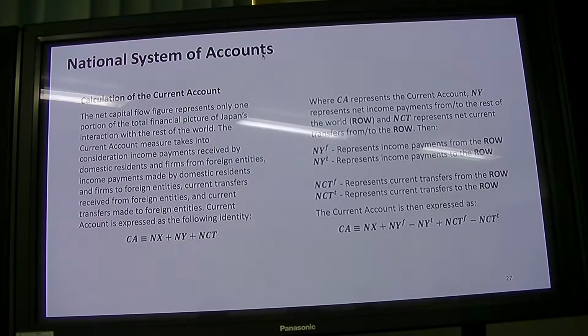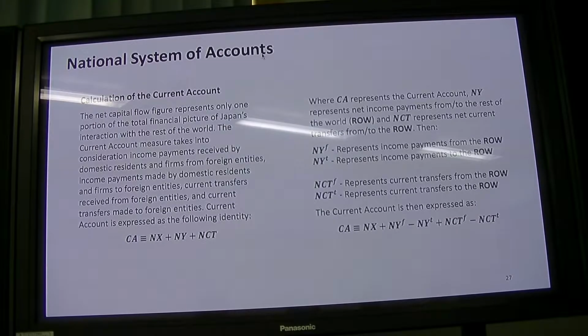So that's what we're interested in. We're interested in how countries interact with each other in the global economy. So that's the purpose of the balance, and all of this adds up to the balance of payments.